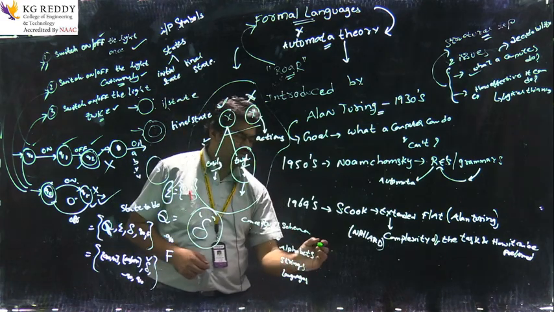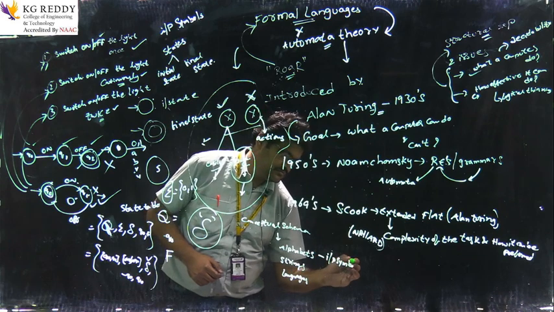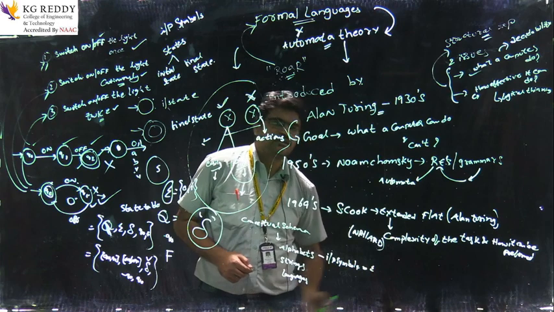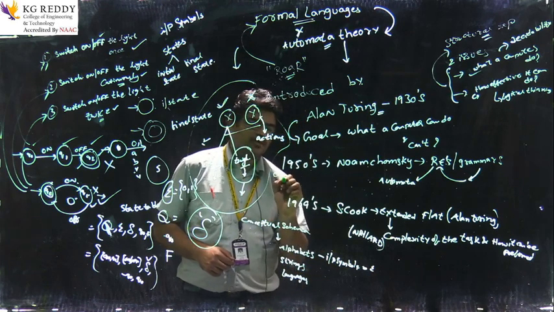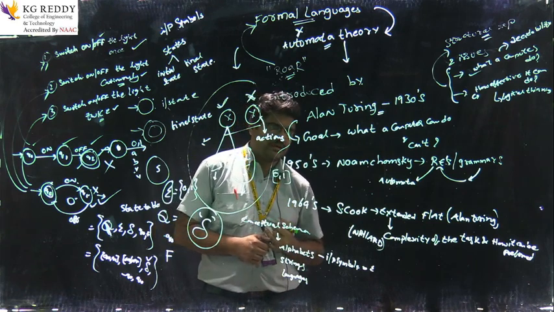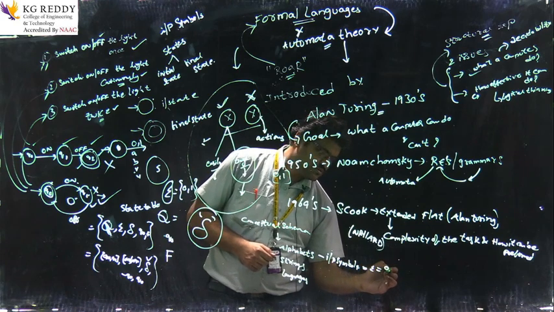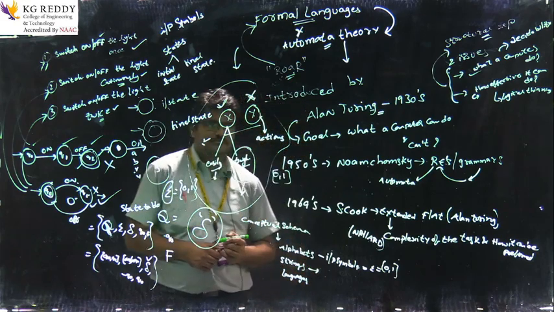Alphabets are nothing but the symbols, input symbols. How are the input symbols represented? They are represented by sigma. For example, 0 and 1. These are the input symbols I have taken here, the alphabets. So 0, 1 here.